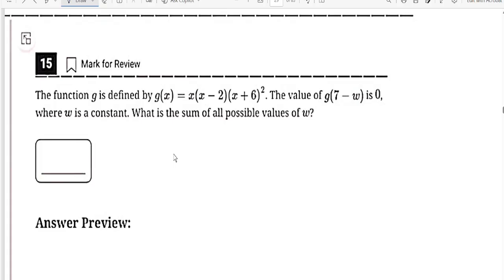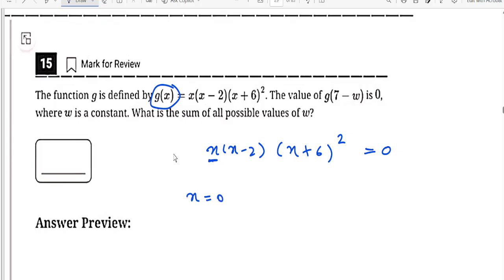So this is my function. First, to find the roots of g(x), we set our function equal to 0, like x, x minus 2, x plus 6 whole square is equal to 0. Now how many solutions are there? One, first we equate x equal to 0. Second, we equate this with 0 to find zeros.